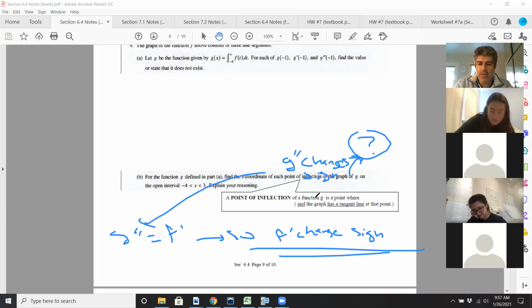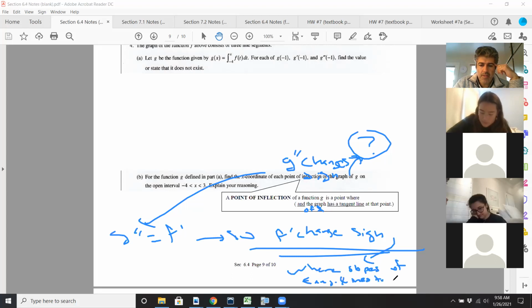And remember, the point of inflection of a function g is a point where the graph has a tangent line. So if you want to see where f prime changes sign, you have to see where the slopes of the tangent lines to f of x change sign.